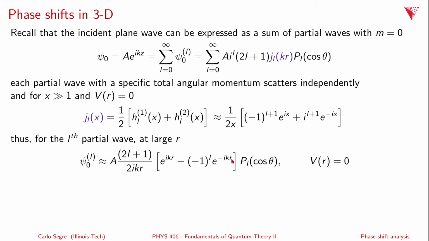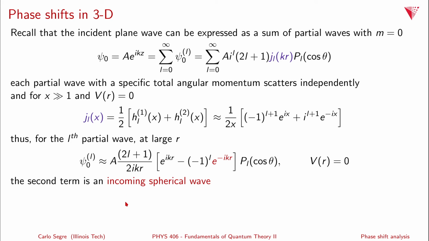So what we've done here is we've factored out the minus 1 to the L plus 1, and so you get e to the ikr, which is your incident wave. And here you have a scattered wave going in the negative direction, back out, times the Legendre polynomials P sub L of cosine theta. And this is for V of r equal to 0.